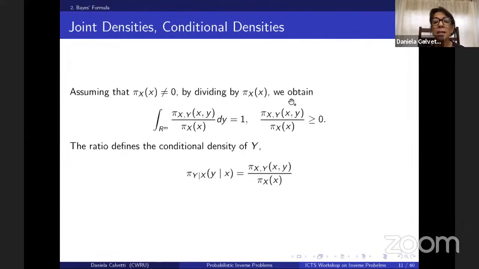And we define this ratio to be the conditional density of y, given that x has taken the particular value indicated here. So this is a way of linking three probability densities: the joint density of x and y, the conditional density of y given x, and the density of x.